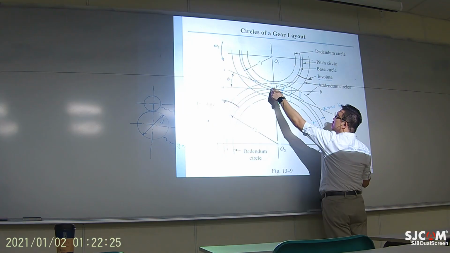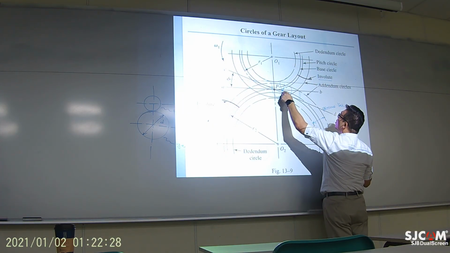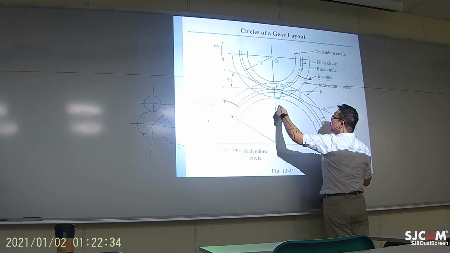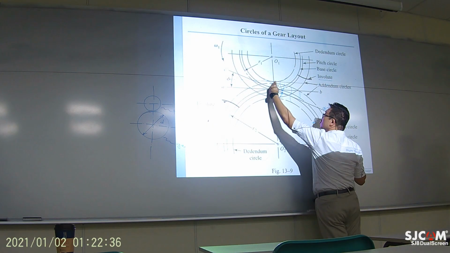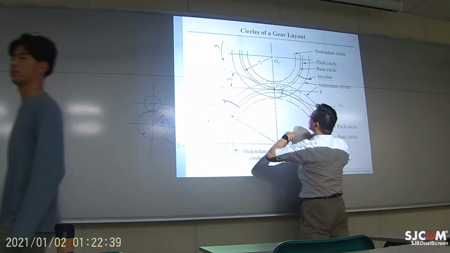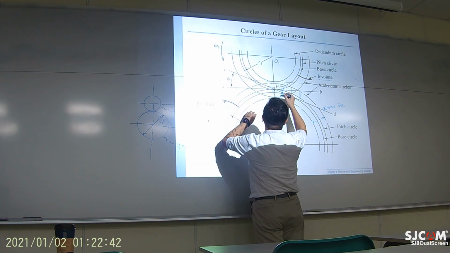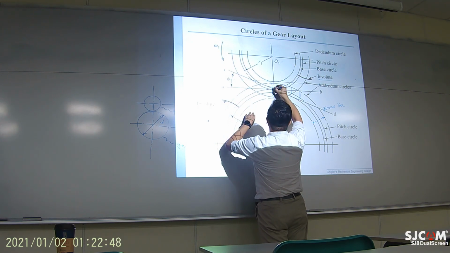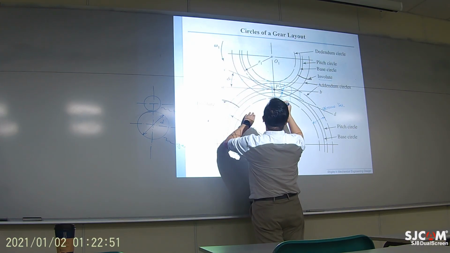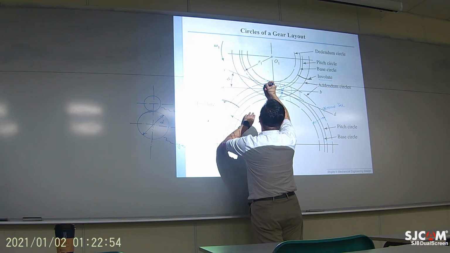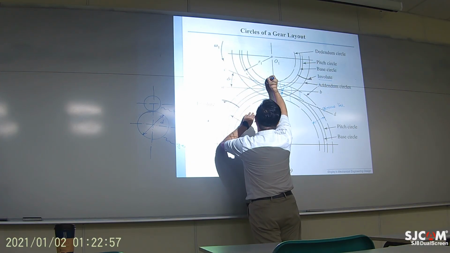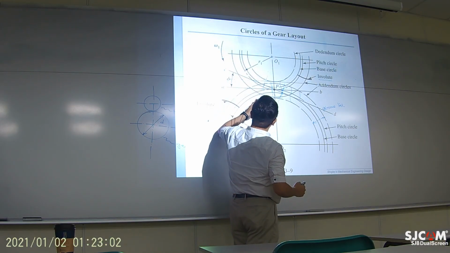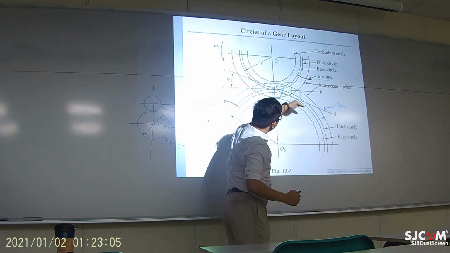Since this involute curve has to be perpendicular to the pressure line, when your tooth is at some other position, for example the tooth on this side, right here you can see the involute line is still perpendicular to the pressure line.